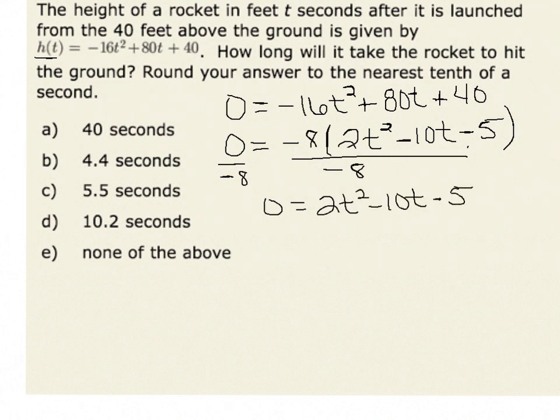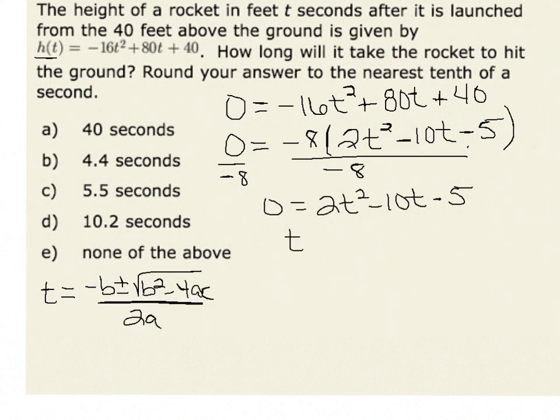You may recall that in the quadratic equation ax squared plus bx plus c, my solution can be given by the quadratic formula. In this case, since we are solving for t, the quadratic formula would be given by t is equal to the opposite of b, plus or minus the square root of b squared minus 4ac, all over 2 times a.